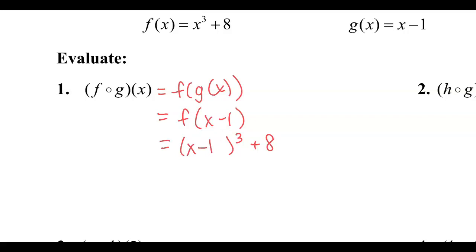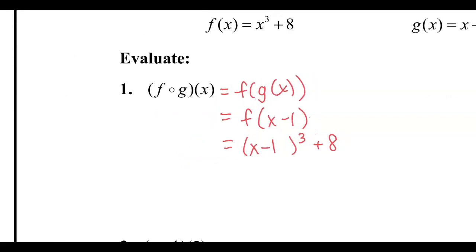Unfortunately, I can't let you leave it like this because the cubed means that you need to multiply this 3 times. Over here to the side of my paper, I'm going to do x minus 1 times x minus 1 times x minus 1. Let me focus on the first two. I'm going to FOIL. X times x is x squared.